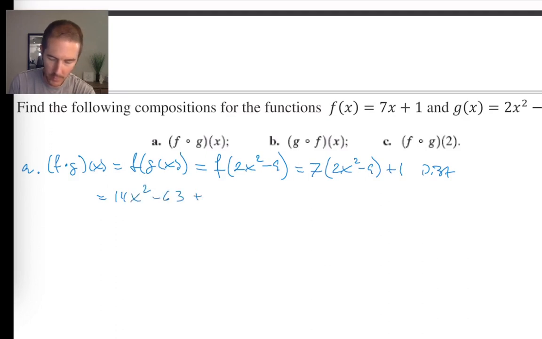The plus 1 is still there, and then we will combine like terms, CLT. And we get 14x squared minus 62. Looks good, nice.